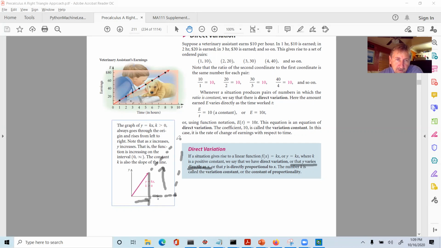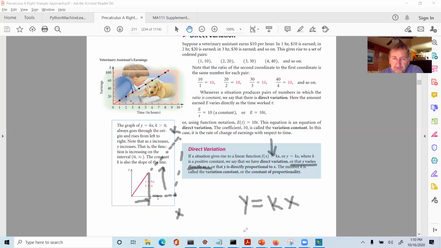But the nice thing about linear variation is, as long as you know what the x is, and you know what the variation constant was, k, you can get y equals k, again, you know k because it's the slope of the line, times x. Or another way of writing it is right here.